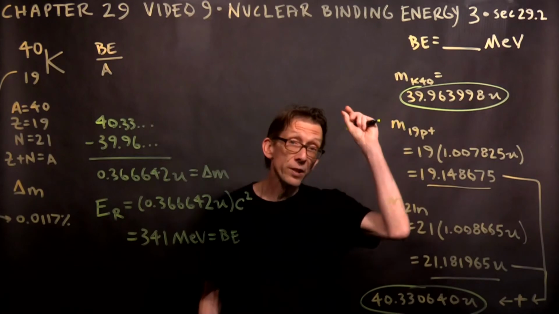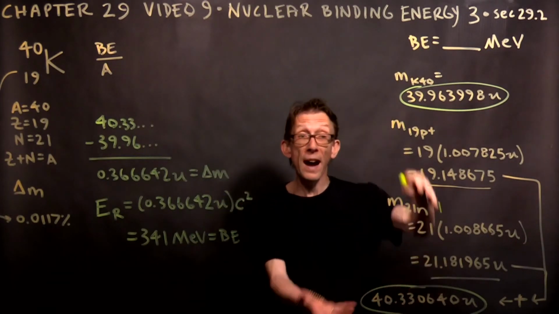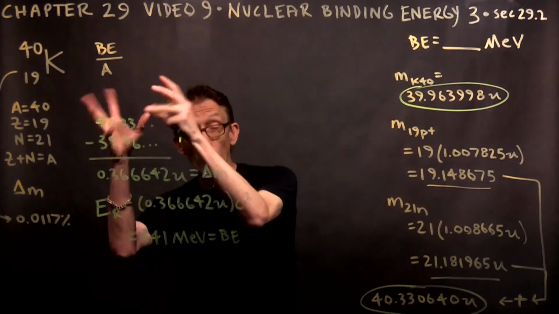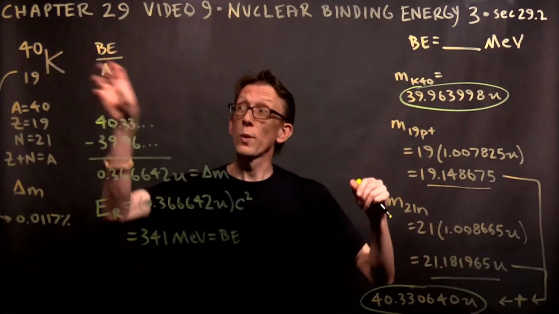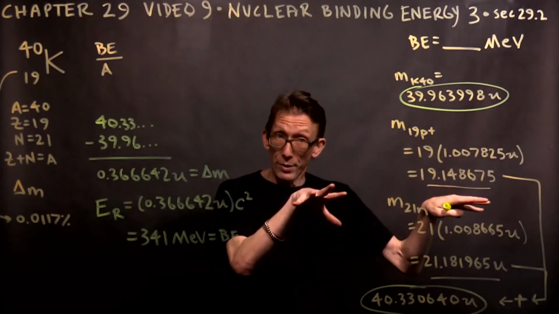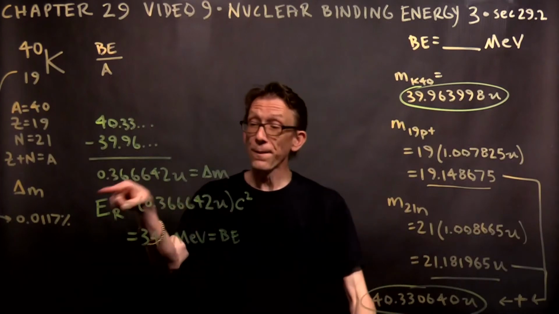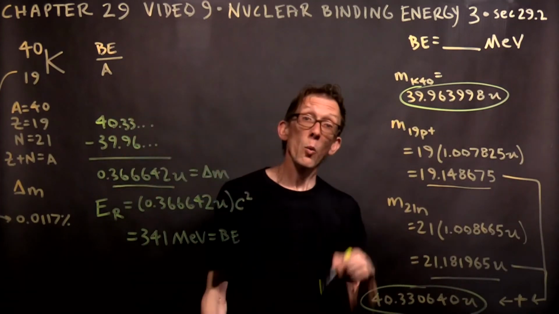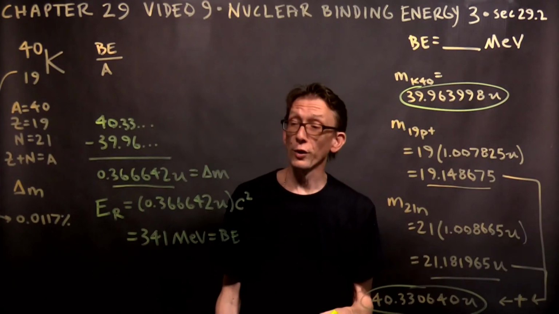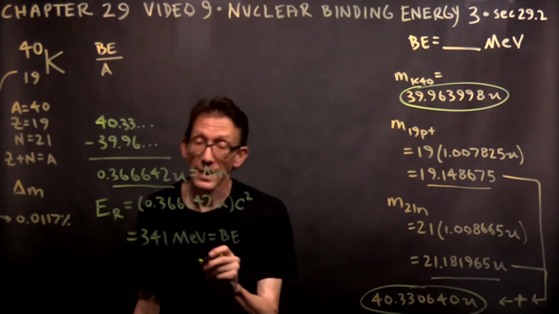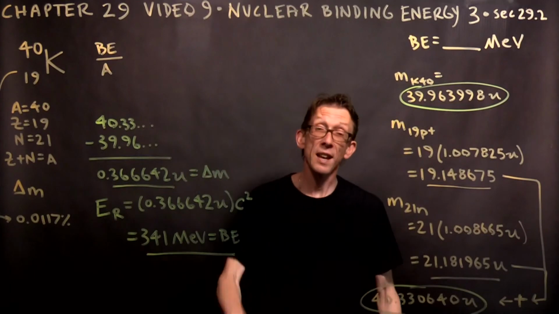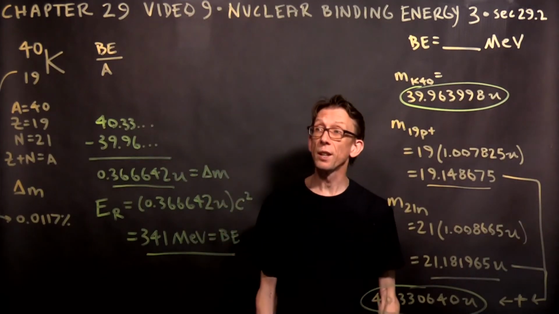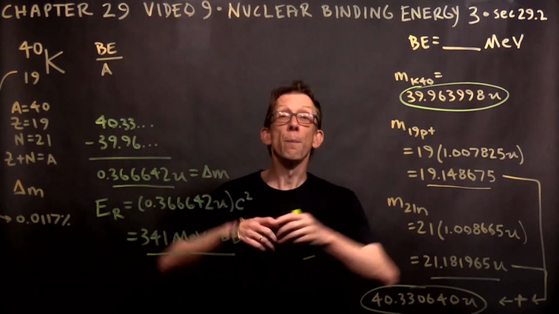Once we find the difference in mass between the nucleus and its constituent parts, that's delta M, we then use E equals mc squared to determine how much energy that represents, and that's the binding energy of the nucleus. That's also the amount of energy needed to put into potassium-40 to break it apart.